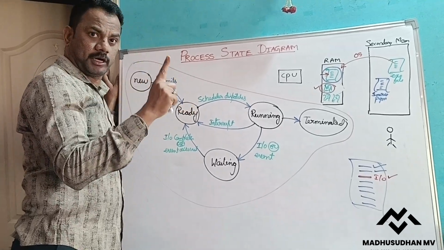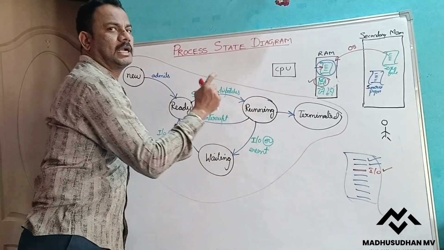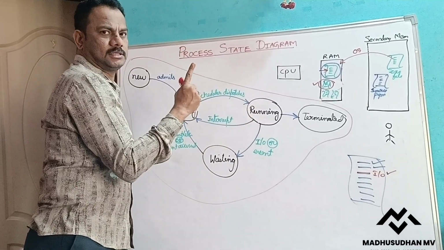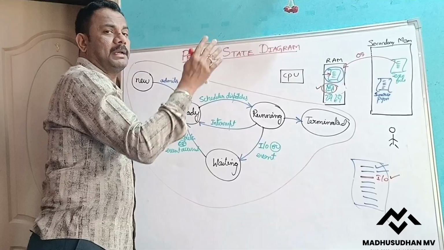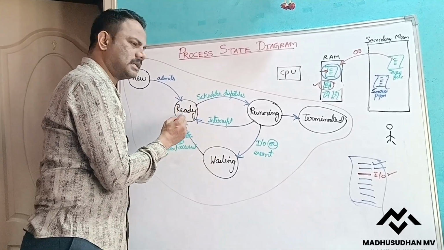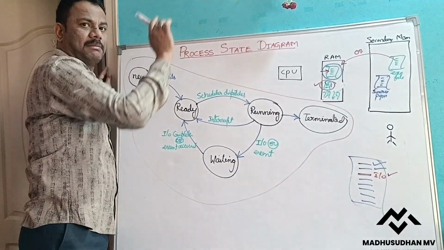At any point of time, only one process should be in the running state. But multiple processes may be in the waiting state, or multiple processes in the ready state, or multiple processes may be in the new state in the secondary memory only.